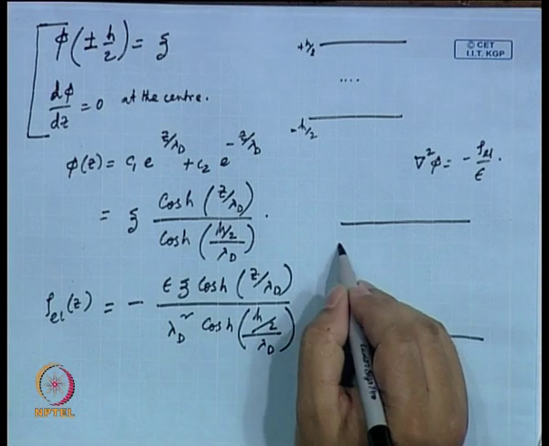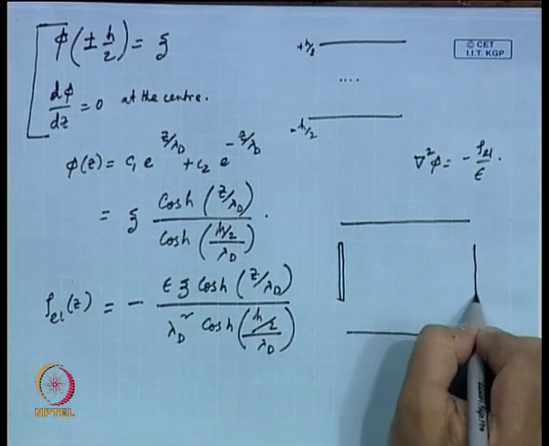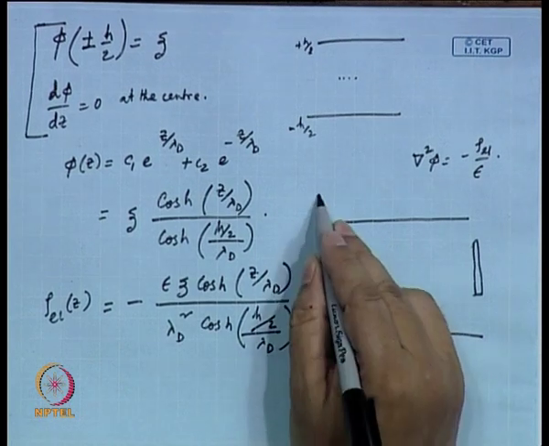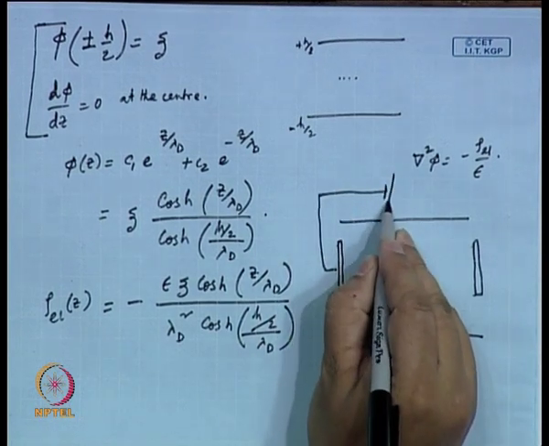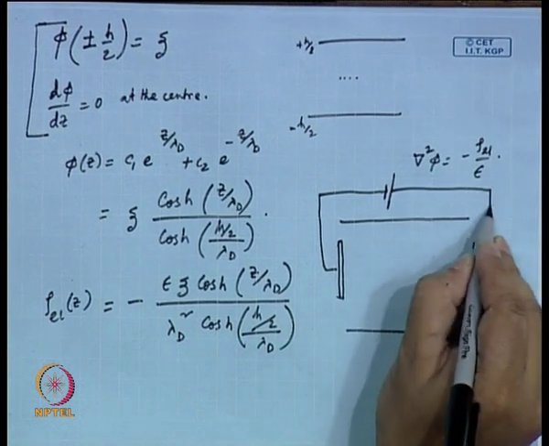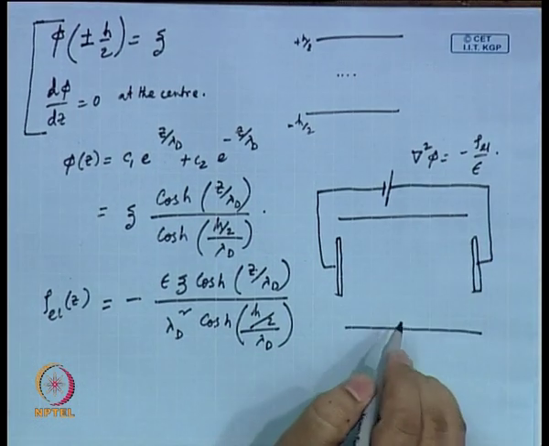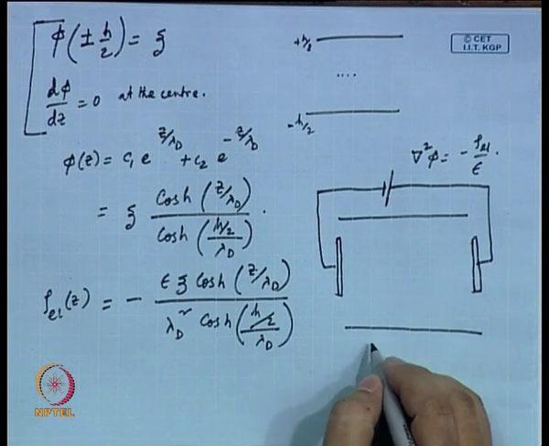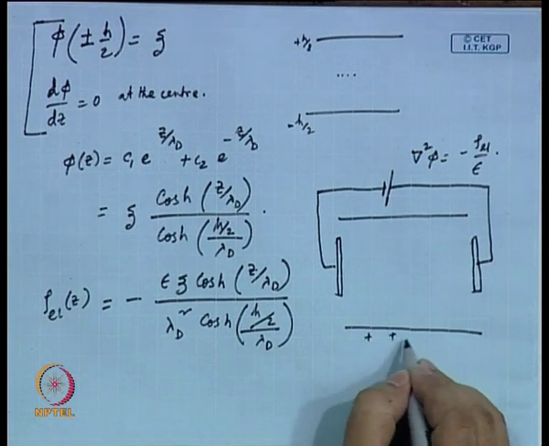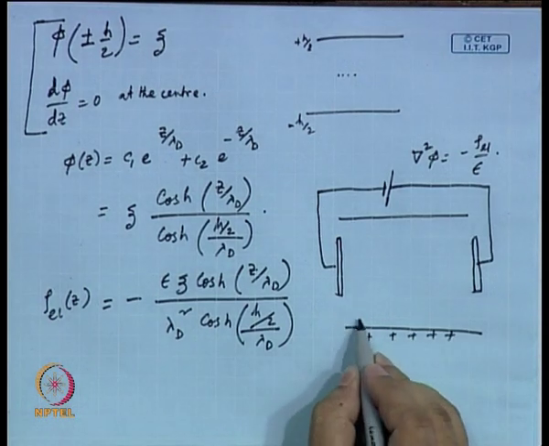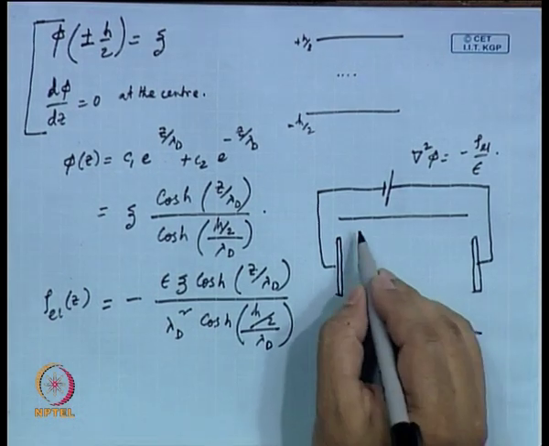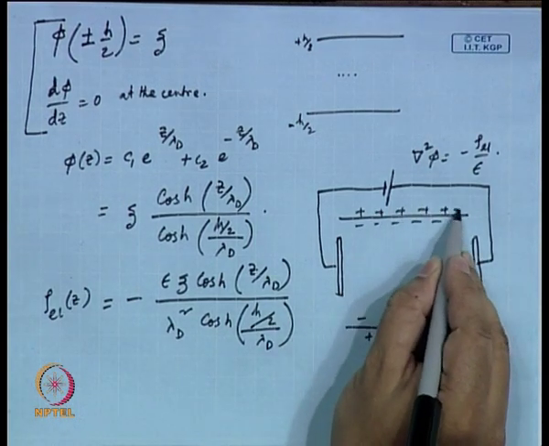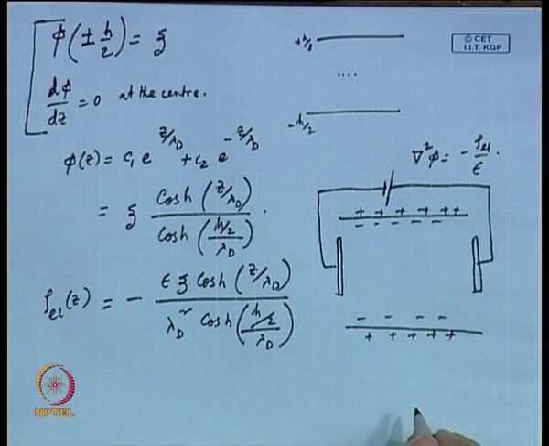You have an electrode here, this is the electrode and this is another electrode, they are connected. This is the way it is.